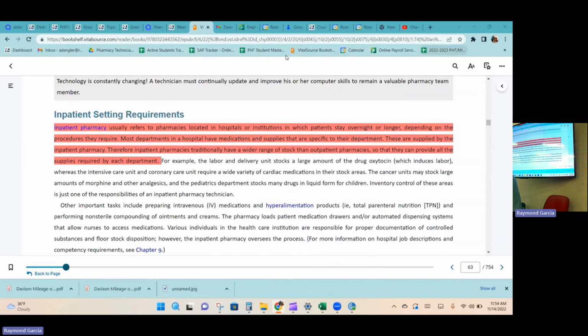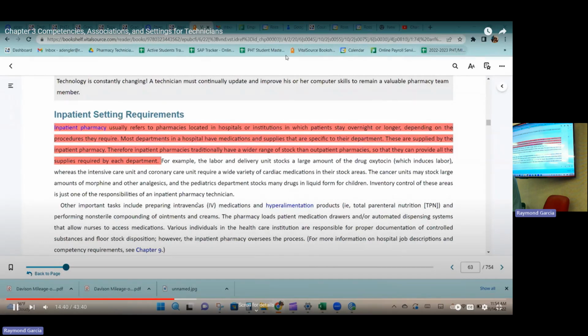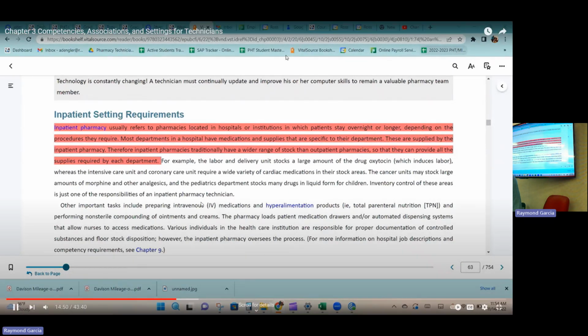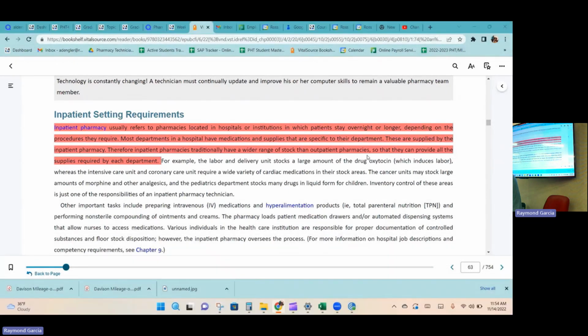For example, the labor and delivery unit stores a large amount of the drug oxytocin, which induces labor. Cancer units are going to have large amounts of morphine and other analgesics. Peds departments are going to have children's medications.